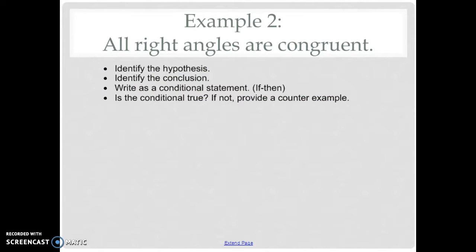Next one, all right angles are congruent. So the hypothesis, two angles are right angles. The conclusion, they are congruent.